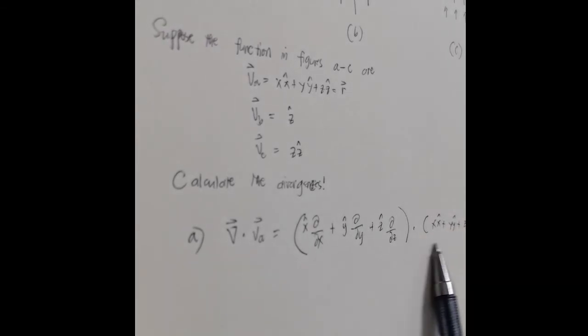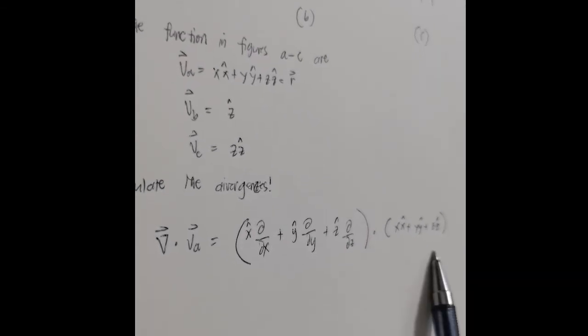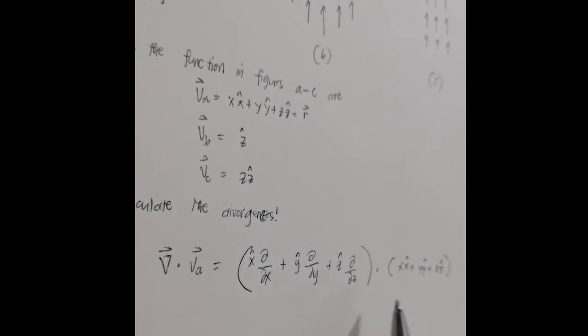Now we take the dot product of this. We already know how to take the dot product of two vectors: you multiply like terms.